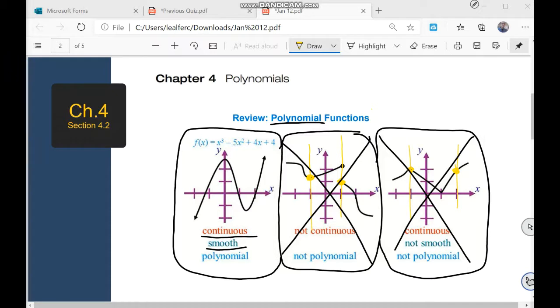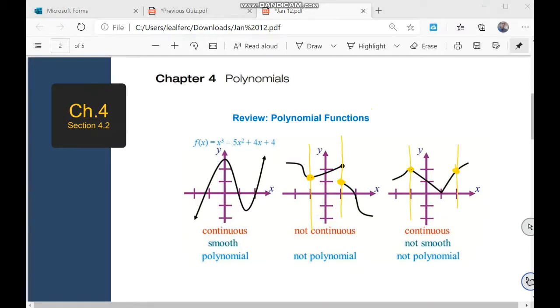Okay? Yes, thank you, Iru. Moving on, this is a quick review about functions from yesterday, and let me clear this up.